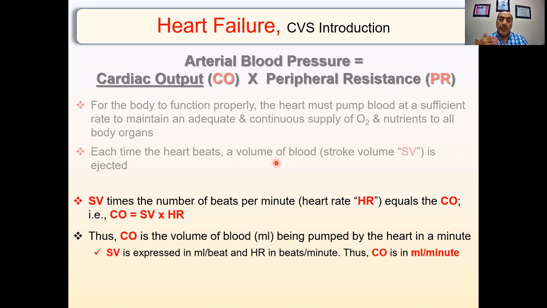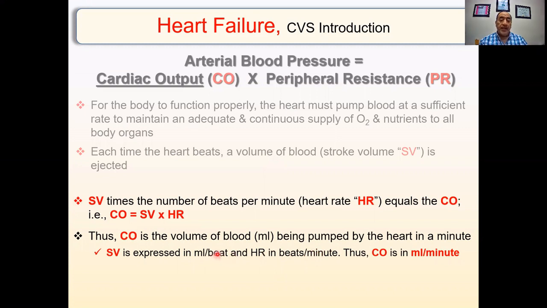If we multiply the stroke volume times the heart rate, which is the beats per minute, this will be called the cardiac output. So cardiac output equals stroke volume times heart rate. Stroke volume, the unit is milliliters per beat, and heart rate, the unit is beats per minute.